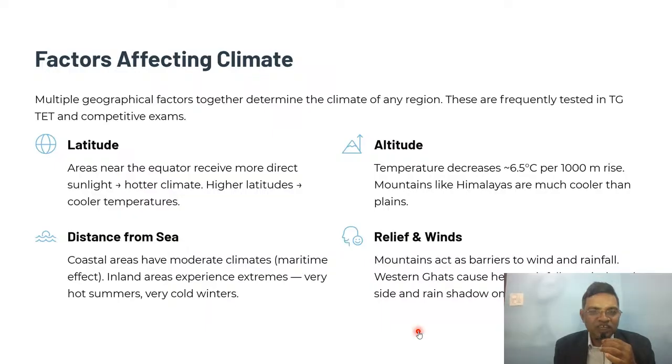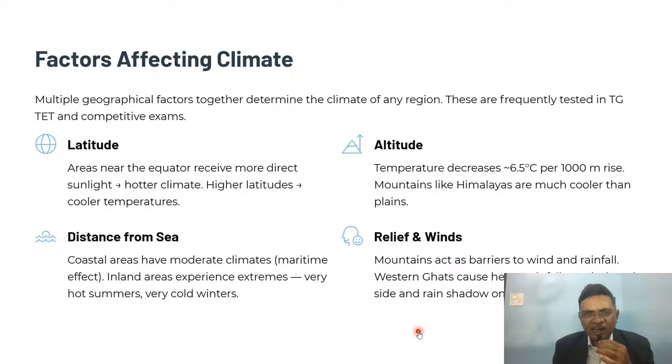So latitude, altitude, distance from the sea, relief, and winds. Latitude means areas near the equator receive more direct sunlight, so the climate becomes hottest. The higher the latitude, the cooler the temperature.